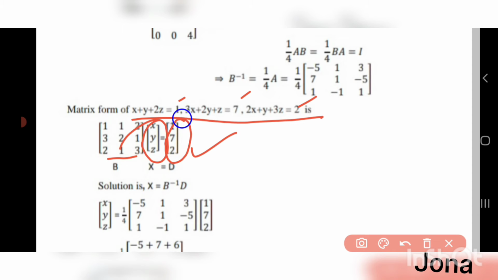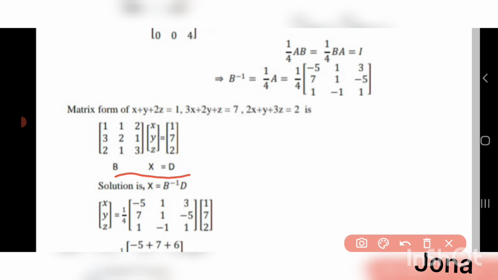So we wrote here 1, 7, 2. Now this is in the format of Bx equal to D. So x equals B inverse D here. For this B inverse we already got the value as 1 by 4 into something. So substitute this value here.